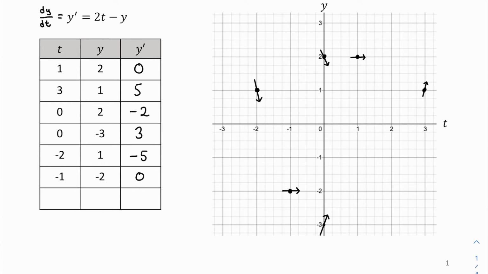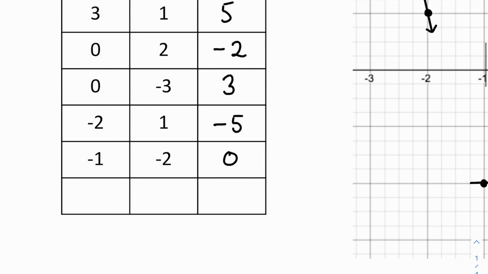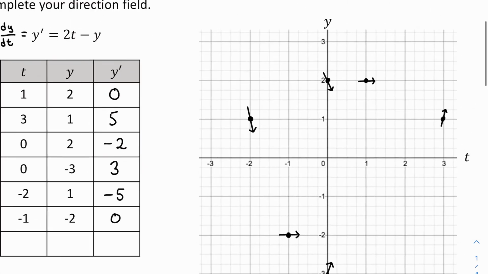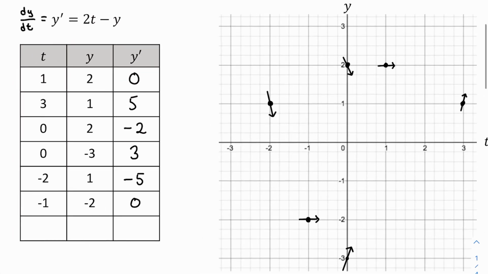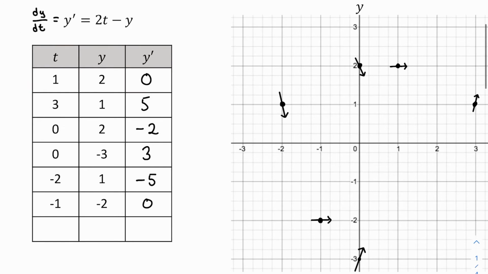Now we only have 6 points of data here. You could keep going. I left an extra blank row here for you to put in any point you want. Maybe let's do the point 2, 1, see what happens. But you can put in any data you like here. Put in t is 2, y is 1, and that gives us a 3 for y prime.